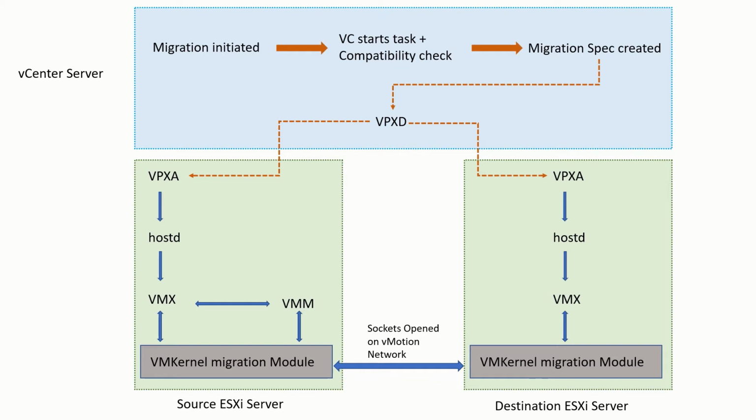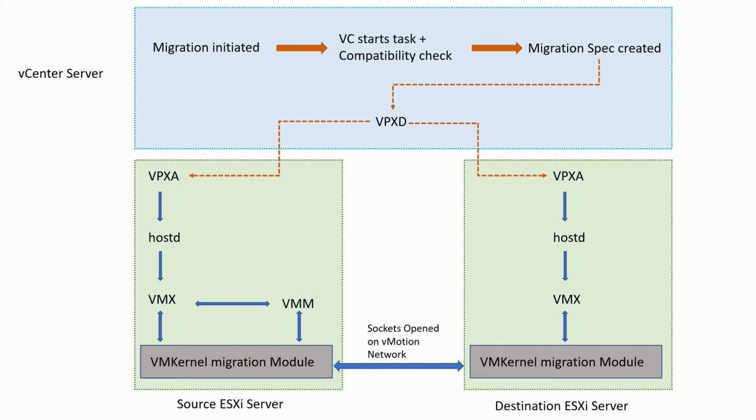The virtual machine monitor, VMM, process is in charge of managing the virtual machine memory and transfers virtual machine storage and network I/O requests to the VM kernel. The virtual machine extension, VMX, process runs in the VM kernel and is responsible for handling I/O to the devices that are not critical to performance.